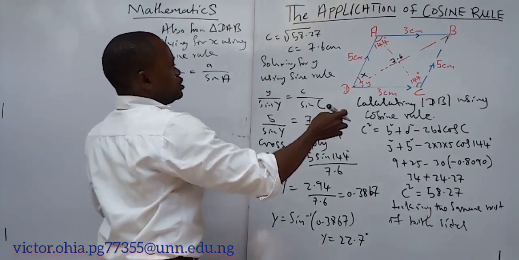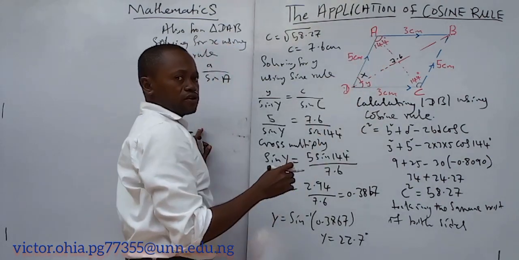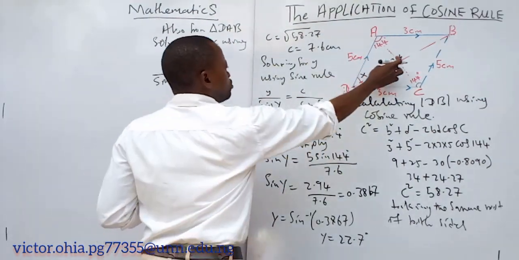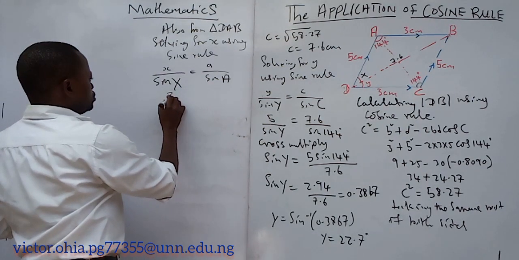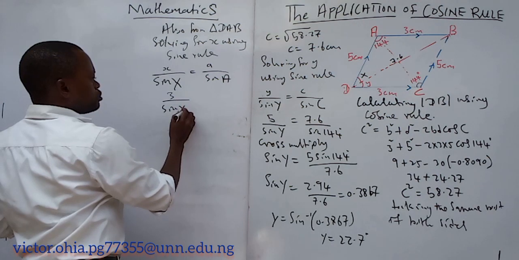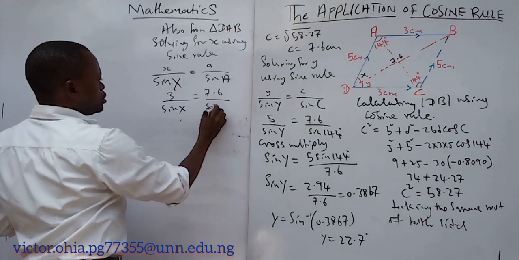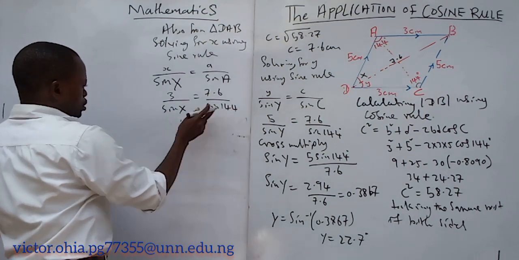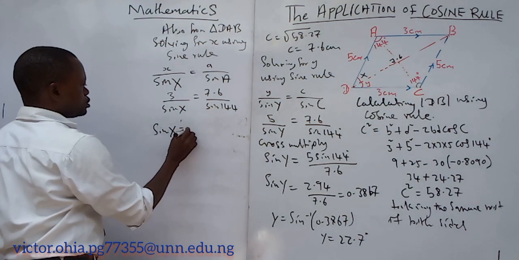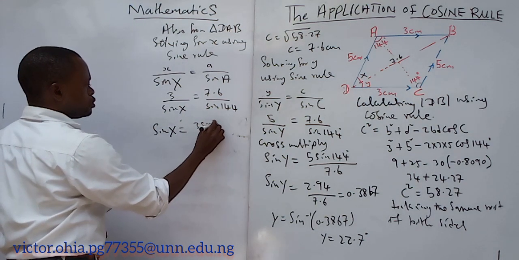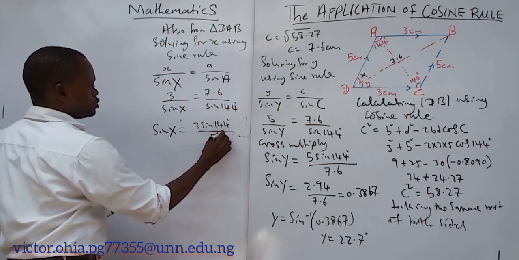Where is this coming from? You know, the name of this has changed now from small c to a, so far as we are considering this triangle, that's how it is. So it will now be small letter a over that. So I have 3 over sine capital X equals 7.6 over sine 144. I'll do what I did here, and I'll have sine x equals 3 sine 144 degrees over 7.6.